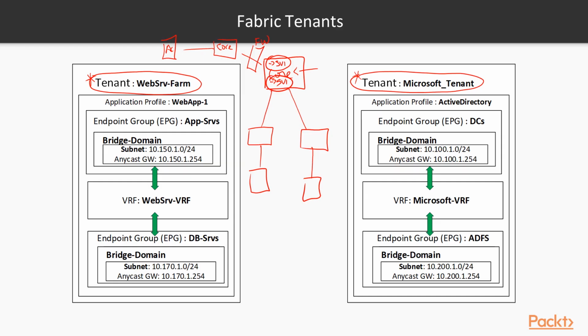We separate customers by assigning them different tenants. Anything inside a particular tenant will be able to exchange information for production purposes. You can classify policies, add policies and objects, and create contracts, so that communication inside the same tenant happens.